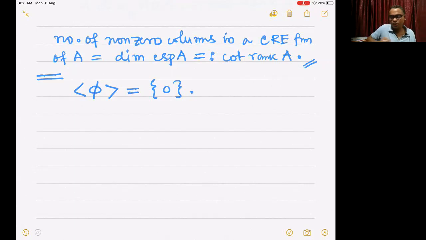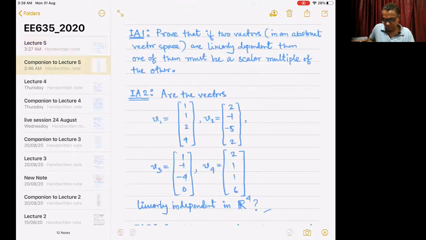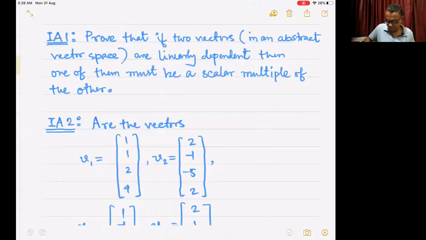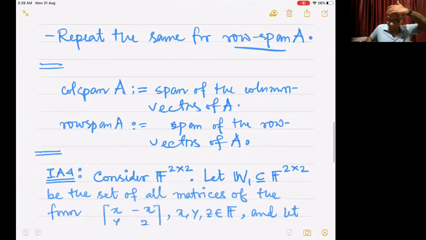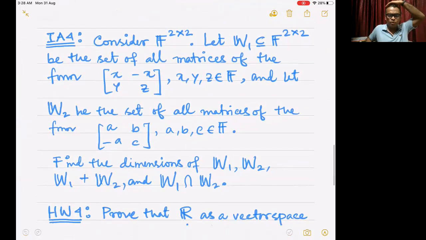So on this thought, let me call it an end to this module. We'll meet for the next module very soon once you are done with solving these immediate attention problems, namely immediate attention problem number 4, which is this one. So we are defining two subspaces here.